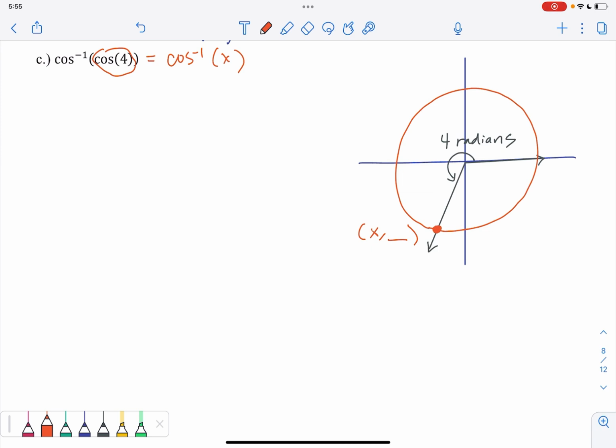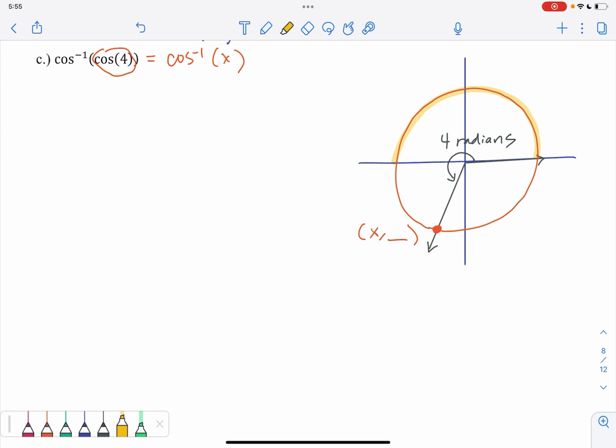We say cosine inverse can only have outputs between 0 and pi, and it needs to be an angle. And it needs to be an angle such that when I take the cosine of it, it has the same output. That means the terminal side needs to have an intersection point with that same x-coordinate.